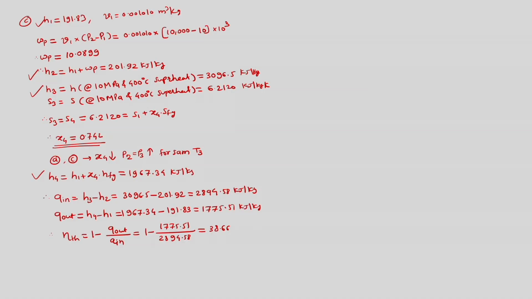Here as well we can make a small conclusion when we compare example A and C. We can see that thermal efficiency has increased from 34.11 to 38.66 for same T3 and increase in P3, since here as well the mean temperature of heat addition has increased. We will move to the next example.